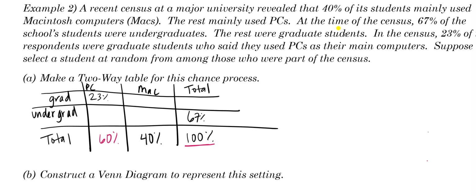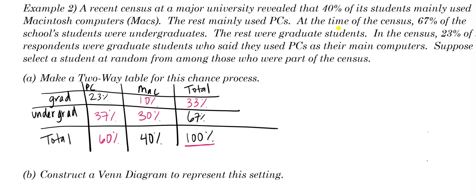You know that if 67% are undergrads, then the rest must be grads, so that's 33%. You should know that if we have 23% and a total of 33%, this would be 10%, making that 30%, which would make this 37%.